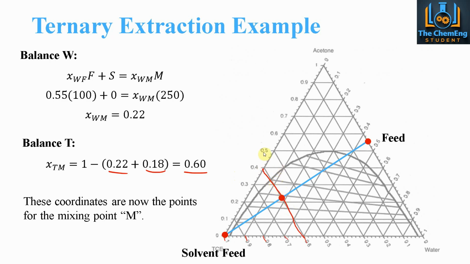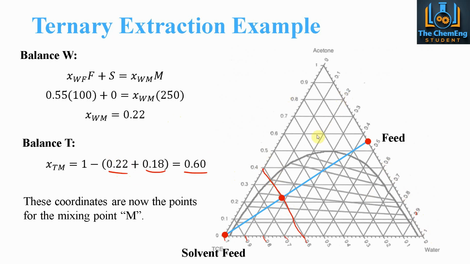But we can get some confirmation on that because we know the water is around 22%. So we go to the water here, 0.9, 0.8, 0.7, 0.6, all the way up to 0.2. We can see that it's about here.